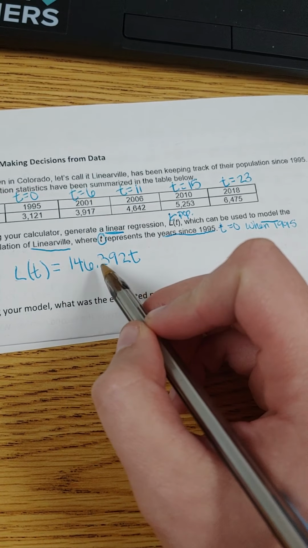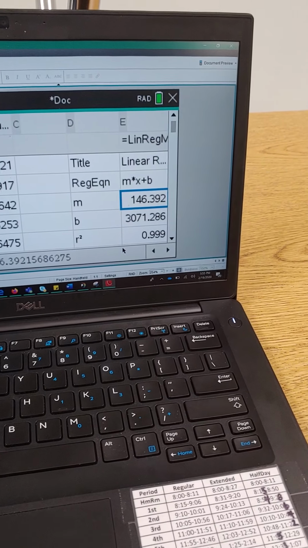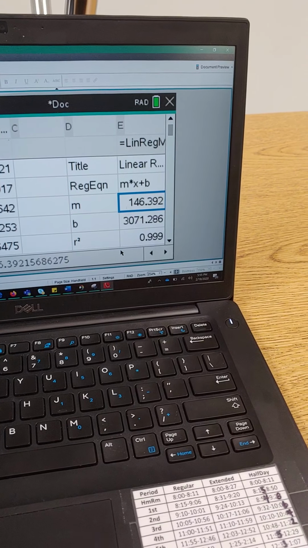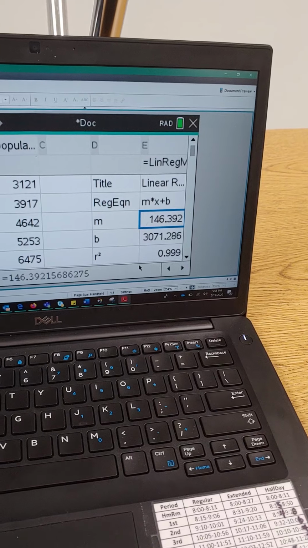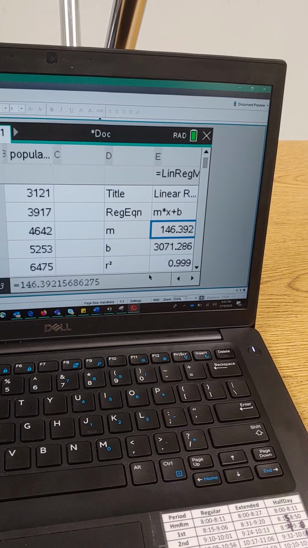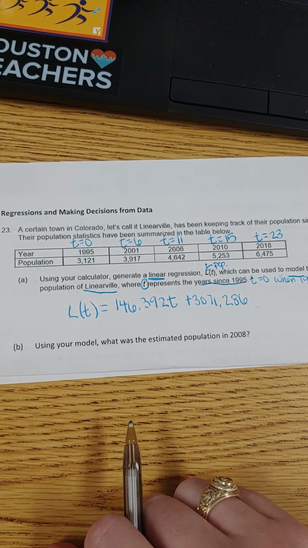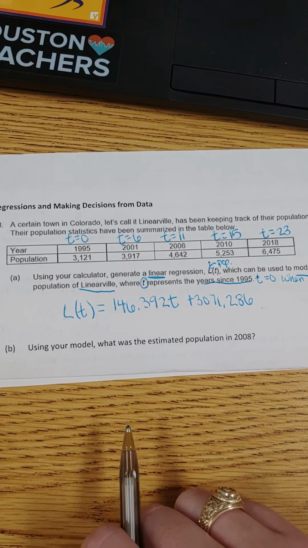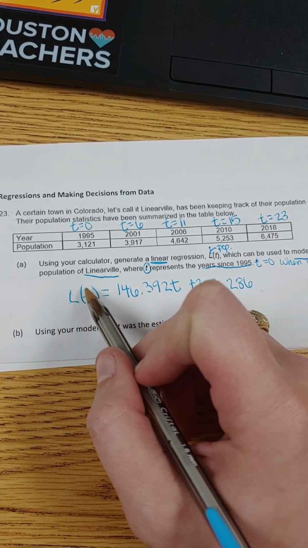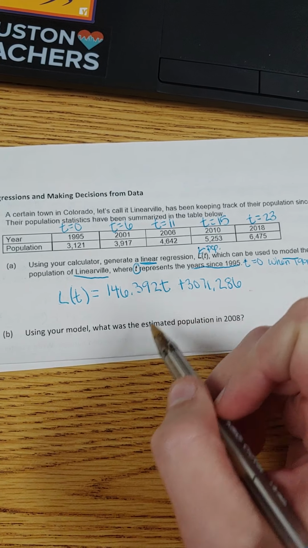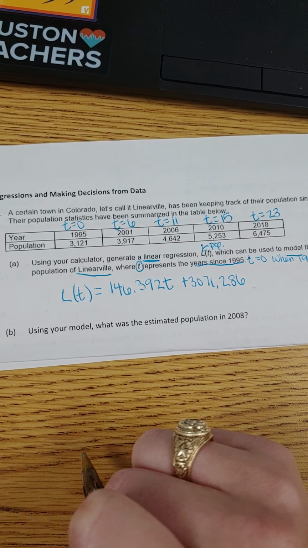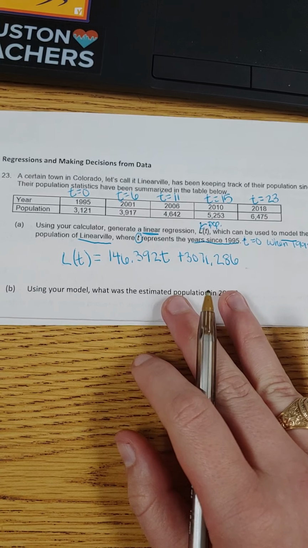So 146.392 t plus my b, which was 3071.286. So I wrote my equation. That would have been worth probably 2 points. And if I did not put the L of t and use t instead of an x, I probably would have lost a point there. So that was the whole question A.